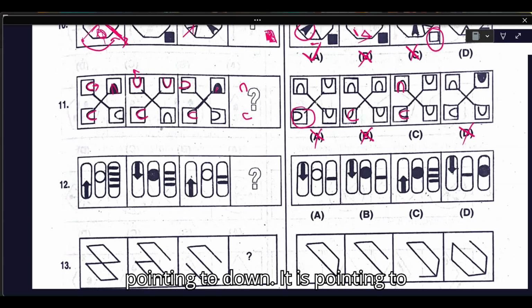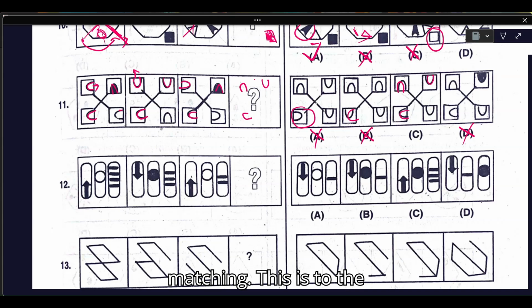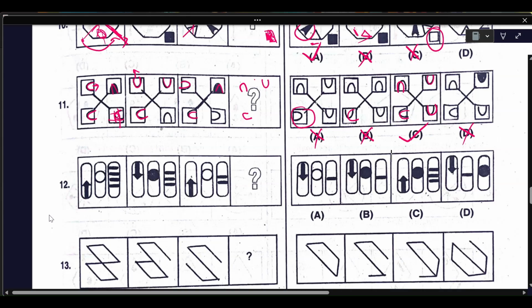It is pointing to top obviously, and then it should be pointing down, right? So it is also matching. So maximum of the things are matching. This is to the right, and then down, and then left, and of course the last one should be up. So obviously all the matching and series fall in C. So we will be selecting C as our correct answer.